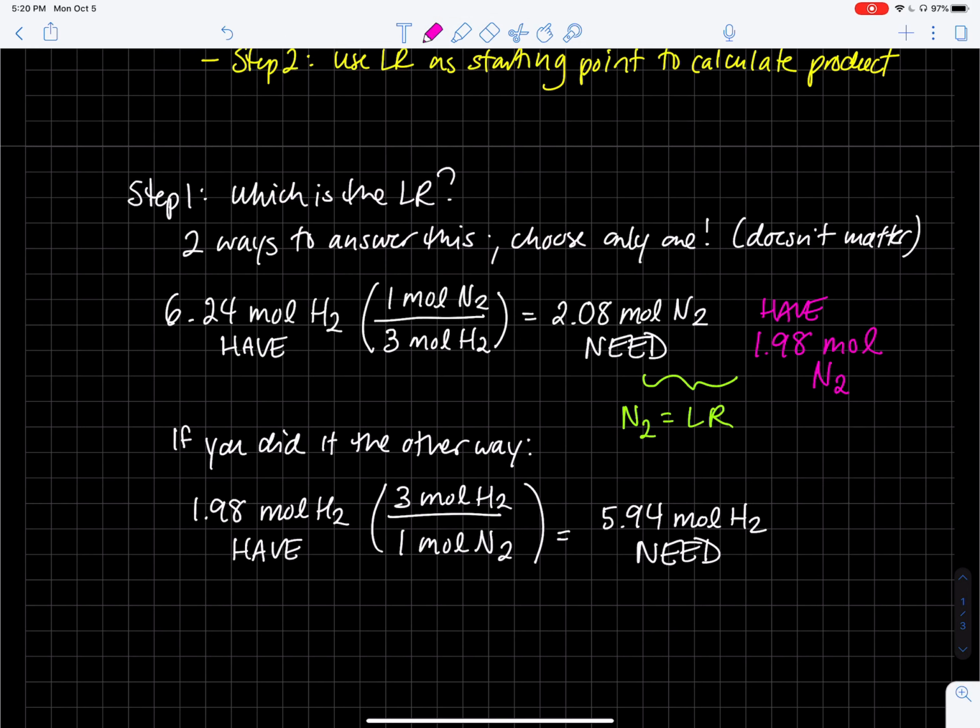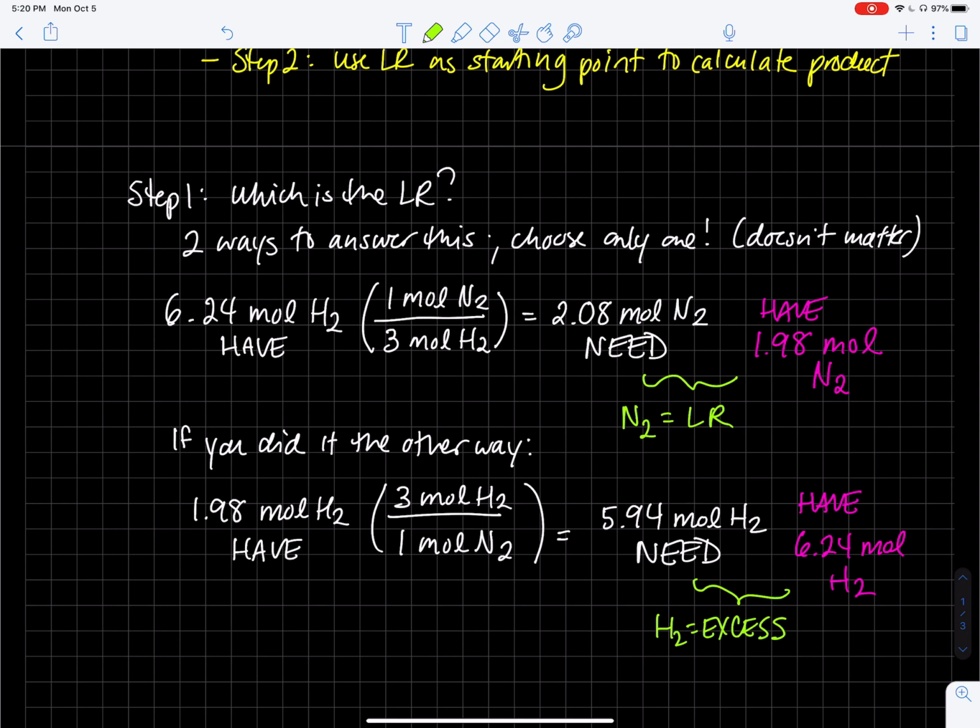Okay, so what do I have? I have 6.24 moles H2. I have more than I need of H2. Like I said, one is the limiting reagent, one is the excess. So if you calculated this, because H2 is the excess, by definition, N2 is the limiting reagent.